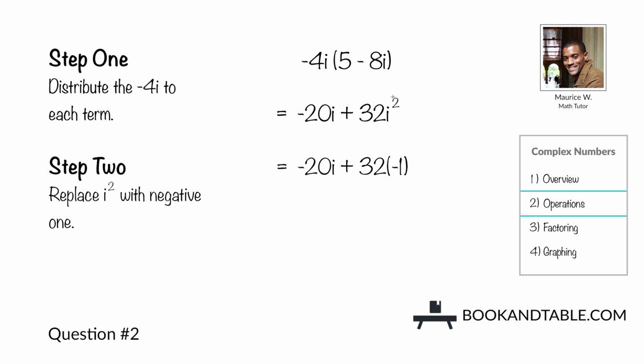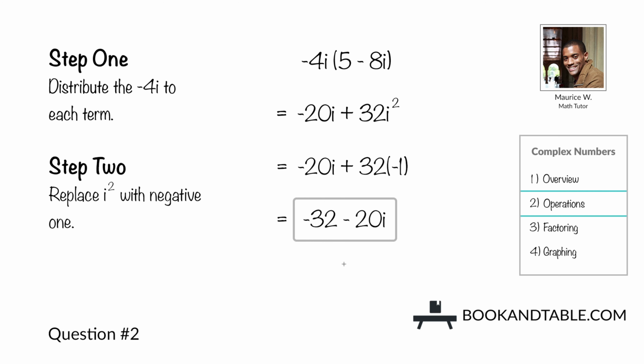And now we want to replace i squared with -1, giving us 32 times -1, which is -32. So -4i times 5 minus 8i is equal to -32 minus 20i.